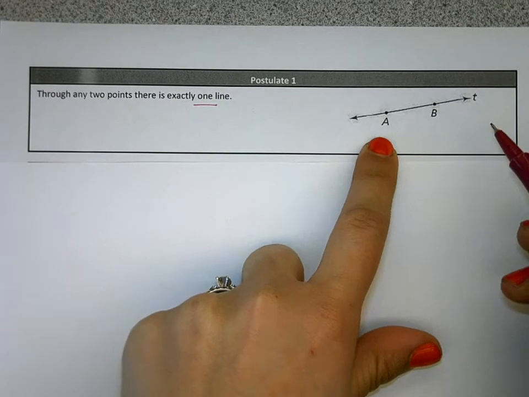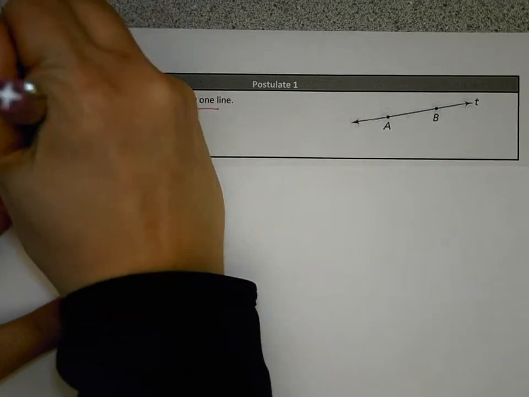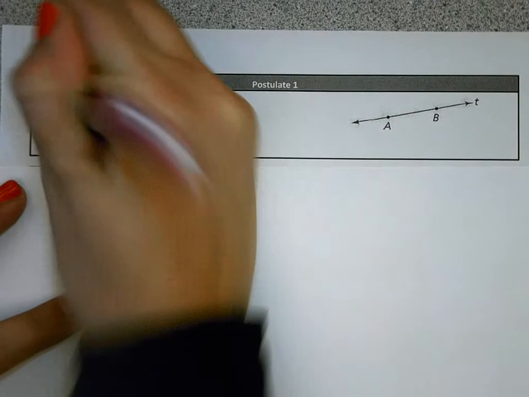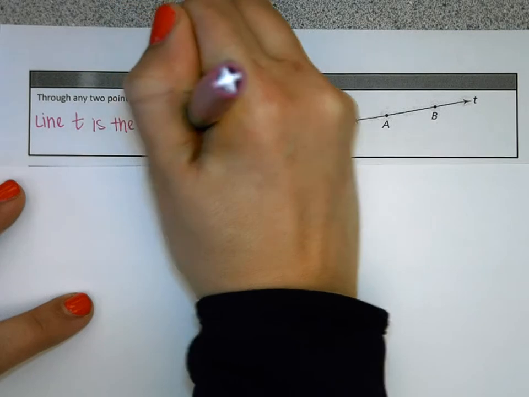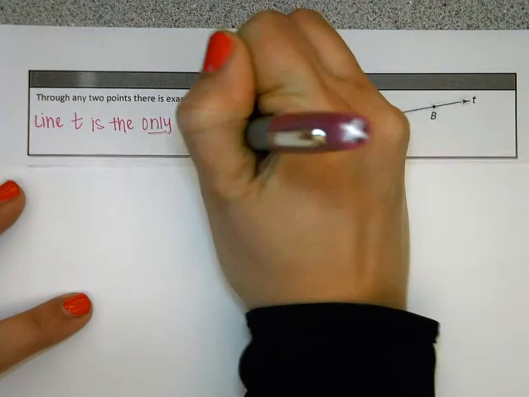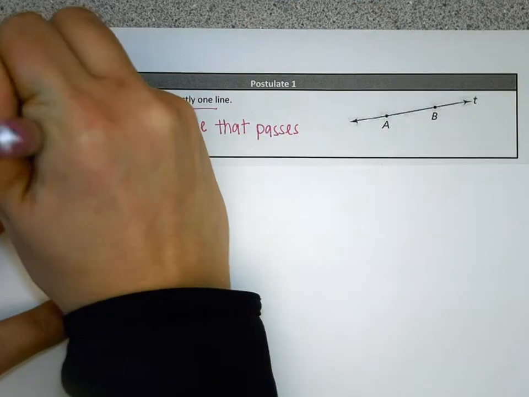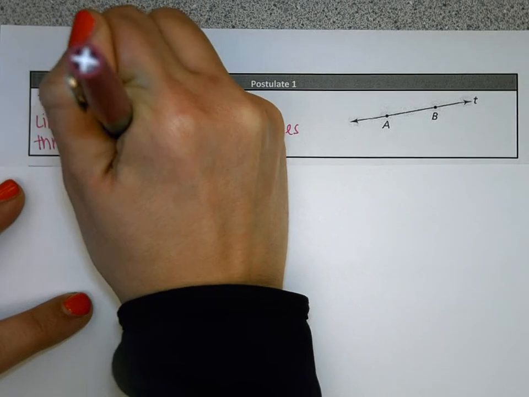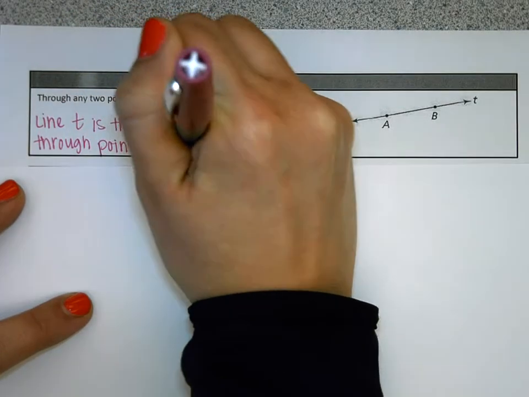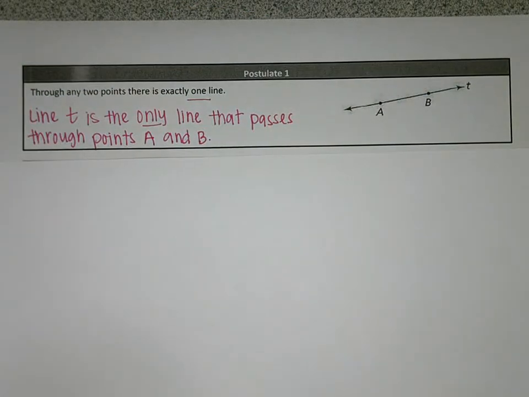We can also say the converse, going the opposite direction, that line T is the only line that passes through points A and B. So line T is the only line that can pass through points A and B, okay? So through any 2 points there is one unique line.